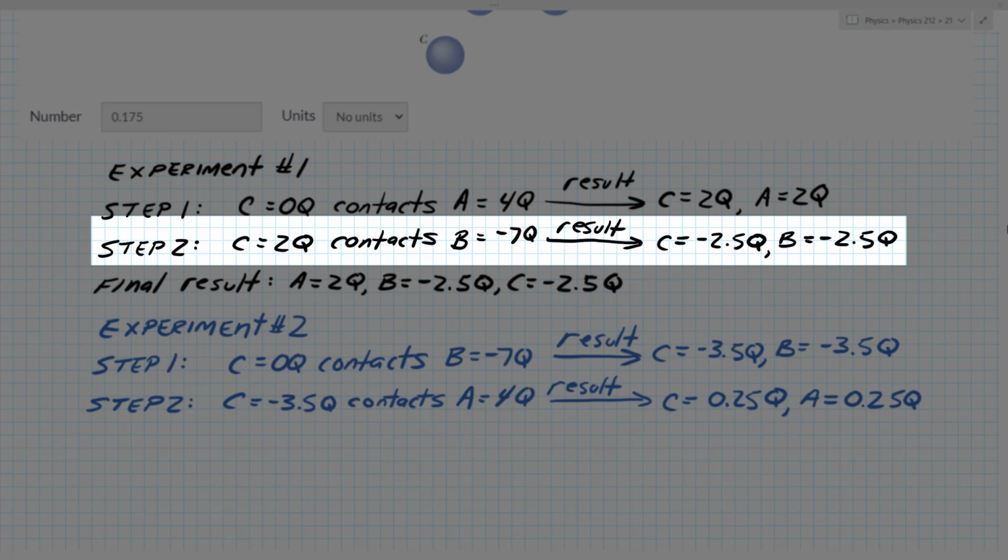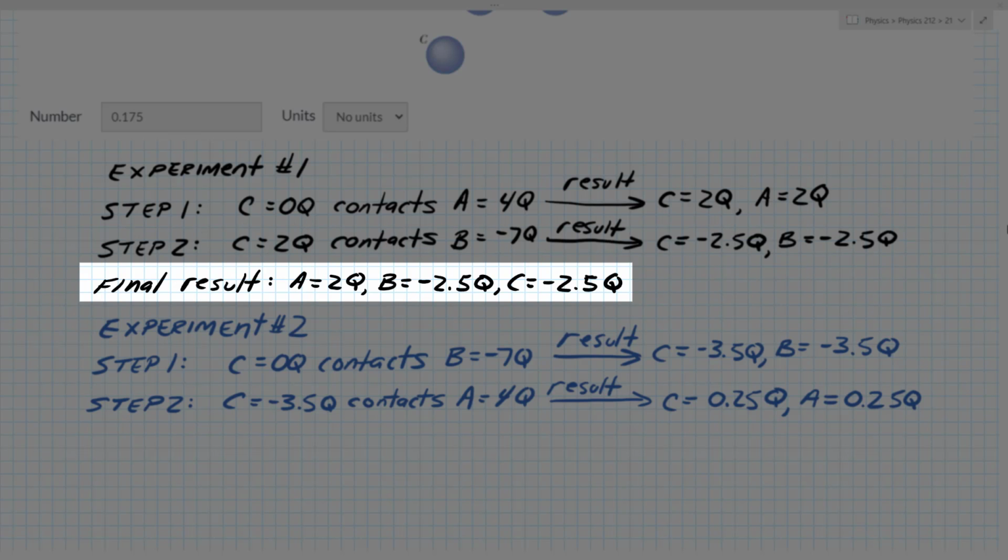Sphere C ends up with -2.5Q and sphere B also ends up with -2.5Q. Charge is once again conserved. I started off with a grand total amount of -5Q because positive 2Q plus a -7Q equals a -5Q, and that's what I ended up with after the contact. So here's my final result for experiment number 1. Sphere A now has a charge of 2Q, B -2.5Q, and sphere C has a charge of -2.5Q.